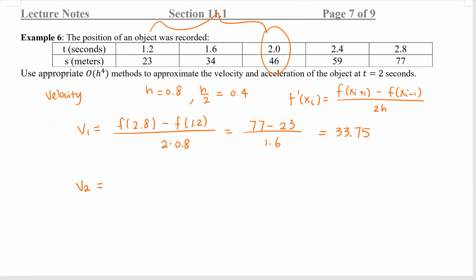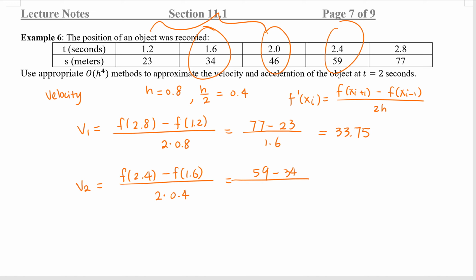For the second approximation, we use step size h over 2, which is 0.4. So we use the second point and the fourth point. So f of 2.4 minus f of 1.6 over 2 times h, which is 0.4. In this case, f of 2.4 is 59, f of 1.6 is 34, and the bottom is 0.8.